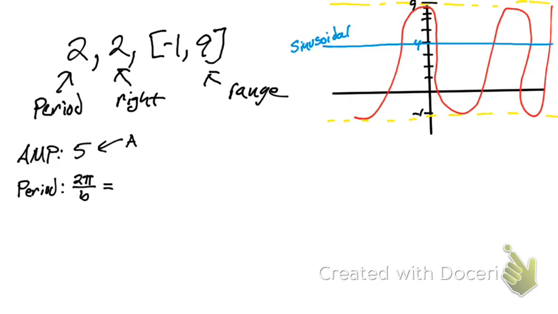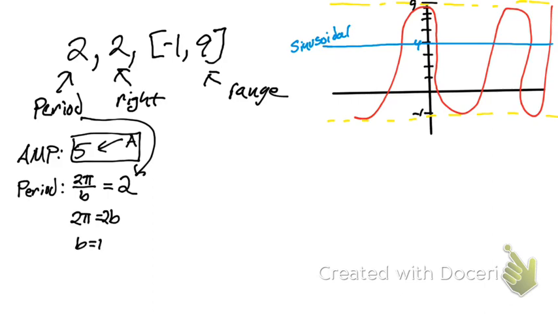You're going to set that equation equal to 2, because that was our period that we found. And then you just solve for B. So we have A equals 5. We're going to solve for B. Multiply both sides by B, and you'll have 2 pi equals 2B. Then we divide both sides by 2, and you'll have B equals pi.